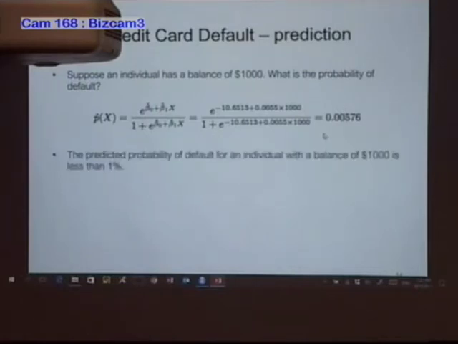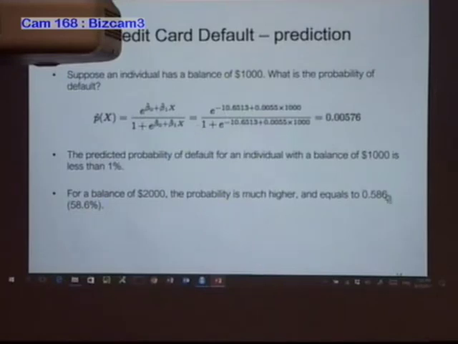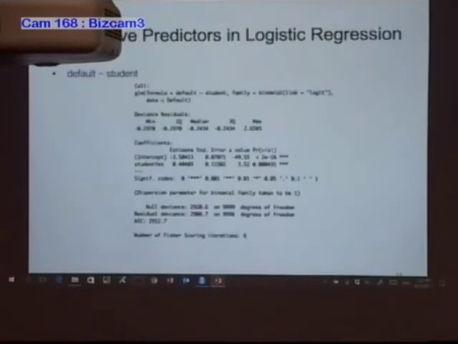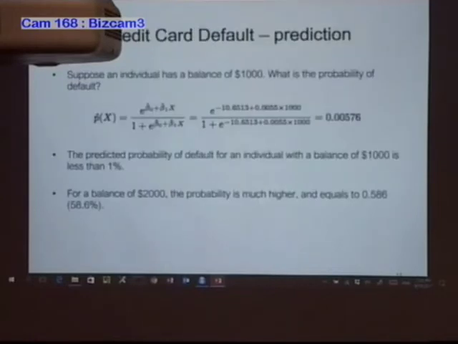It's less than 1% for somebody with a $1,000 balance. We can do that for $2,000. You plug in the number, it's going to be much higher. We say $2,000 is the sensitive zone. Now it's going to hike up. So that's the logistic model: give me an x, I can give you a probability of default.